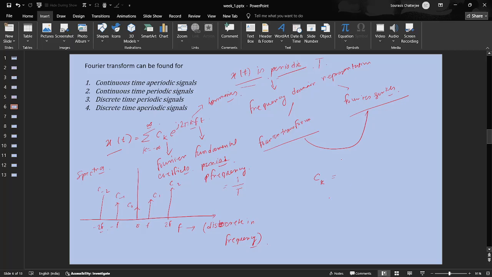So how am I supposed to find c_k here, which is the coefficient corresponding to kth harmonic? Let's say someone tells me this is the equation you are supposed to use. So you take x(t) and multiply with the complex conjugate of your kth harmonic, and that's pretty much it.